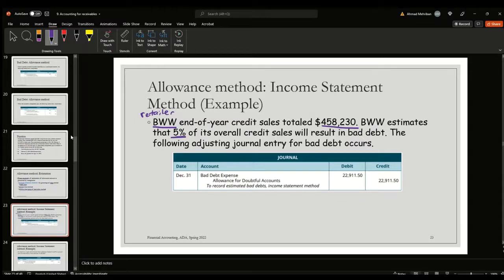Now we can make that calculation: 458,230 multiplied by 5% is 20,911.5. This is the amount that the company estimates will probably be bad debt, and it is going to be recorded as a debit to bad debt expense and a credit to allowance for doubtful accounts, specifically the amount based on the income statement method.